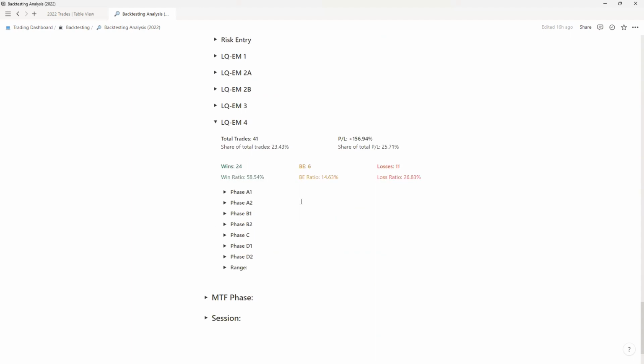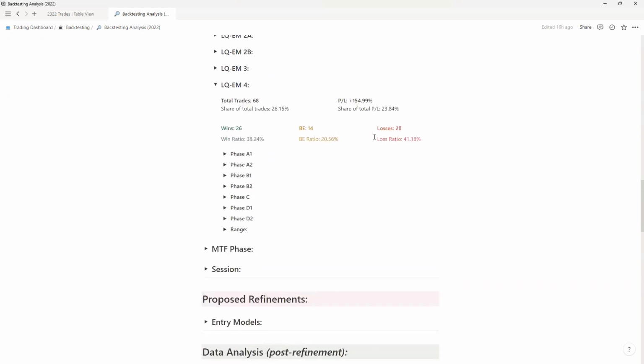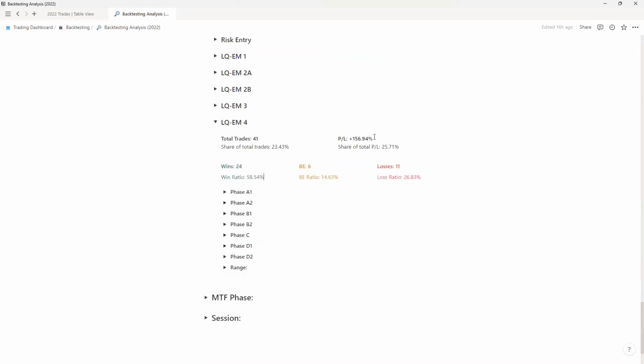And if we go down, you can see we then had 41 trades, so a lot fewer trades, but a win rate now of 58.54%. So again, big improvement in the win rate. Our P&L, we can see if that's changed at all, has gone up very slightly. So in that case, we've reduced our number of trades, boosted our win rate, and also boosted our P&L. So really positive refinements that we've made to those liquidity entry models.